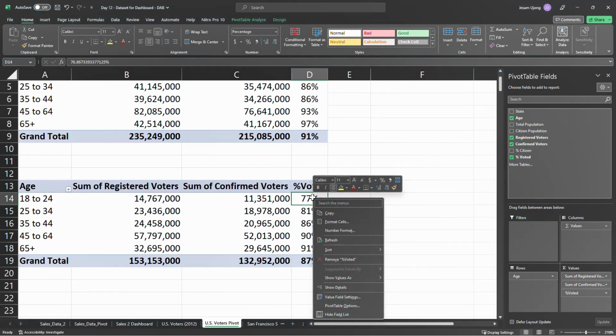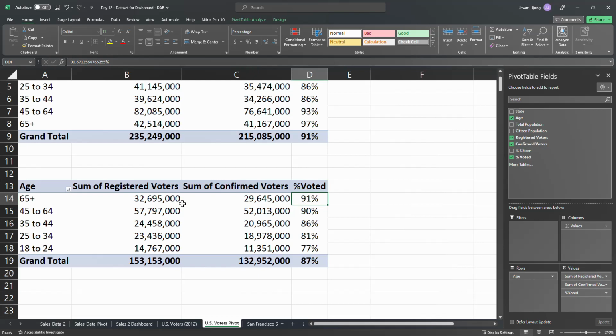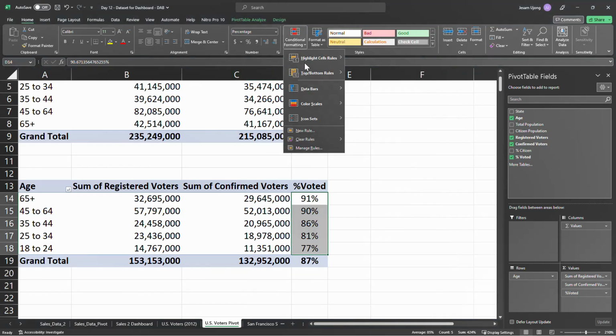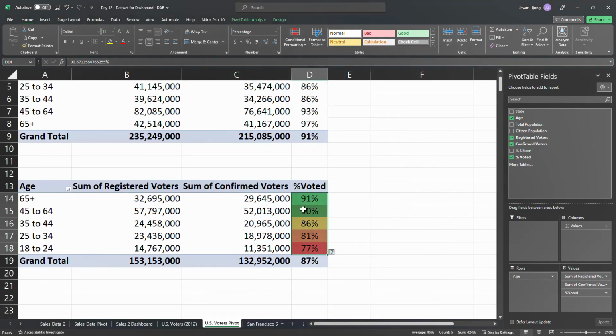And if we sort from the largest to the lowest, we can see that 65 years and above registered the highest. Maybe I put some conditional formatting here. So those aged 65 and above, or we could just group this together from 45 and above, recorded the highest voters.